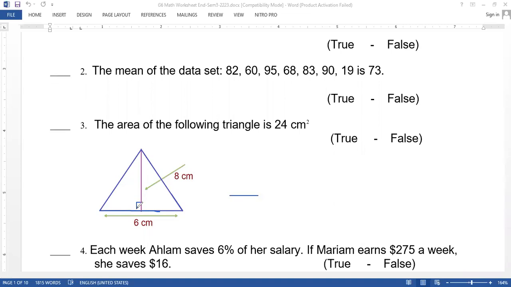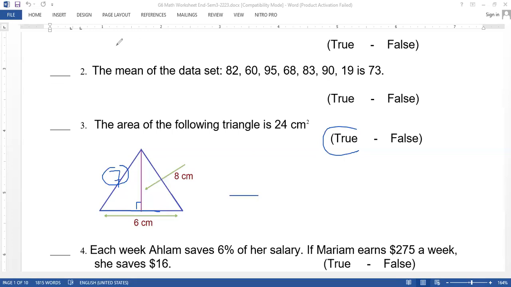Guys, the base and the height should be perpendicular. So here 6 multiply 8, 48, divided by 2 is 24. So even if you are given this as 7, we don't care about it because we will need only the base and the height, and they should be perpendicular. So the answer is true.